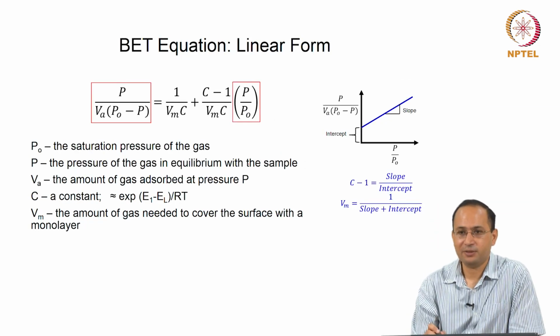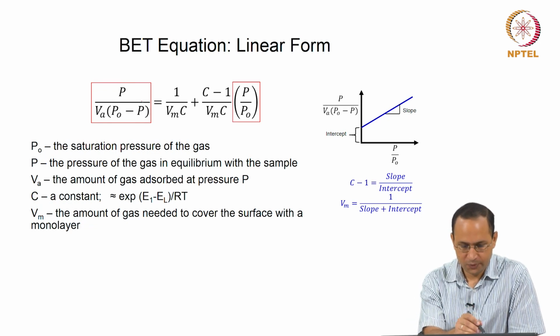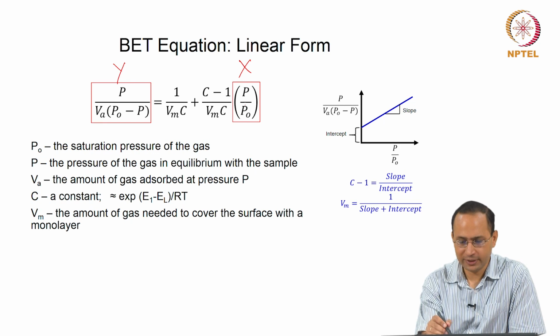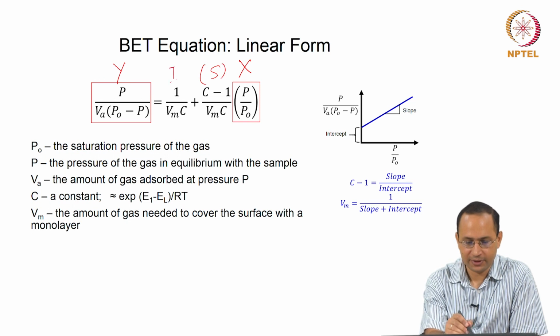The same relationship can be written in a linear form, right. Again, yesterday we discussed, suppose you consider this as a y, you are changing pressure, you are measuring volume. Also here is P over P0, the partial gas pressure. This is the slope for an example and this is the intercept.